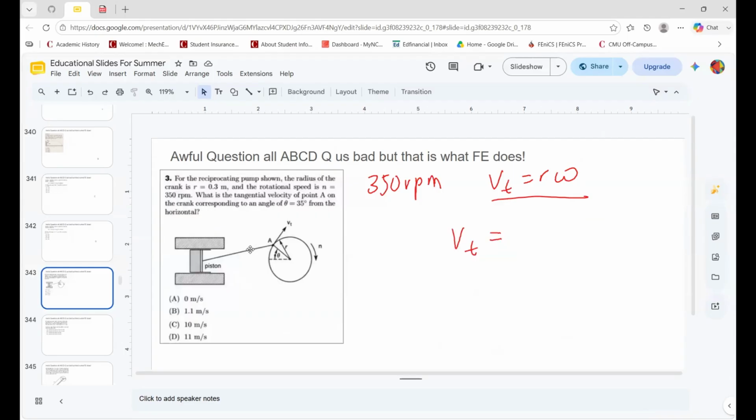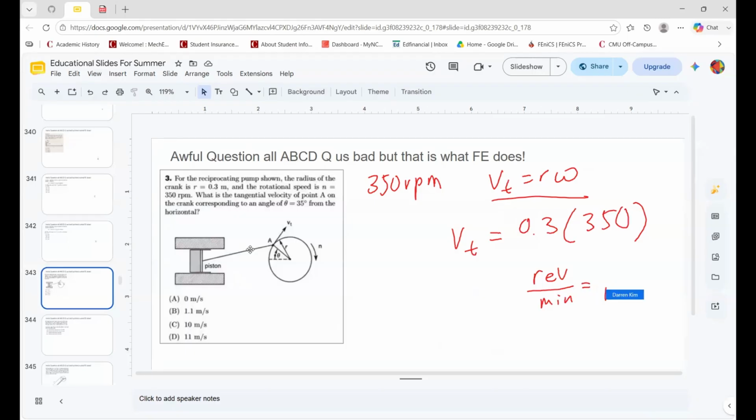Because the radius is the same, 0.3, with the omega, it shouldn't really matter what the angle is. The tangential velocity must be constant, and it's in place, so it must be constant. So what I'm going to do is 0.3 multiplied by 350 RPM. RPM is revolutions per minute.